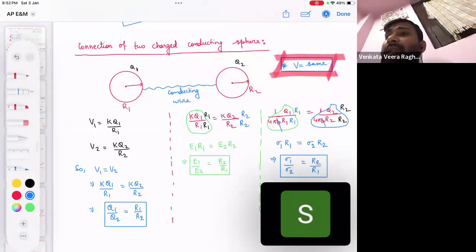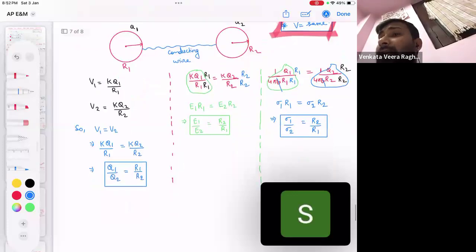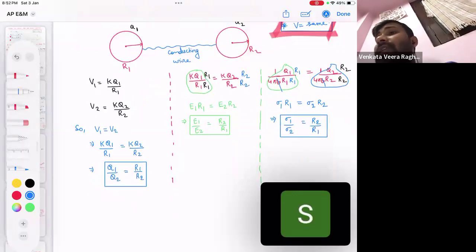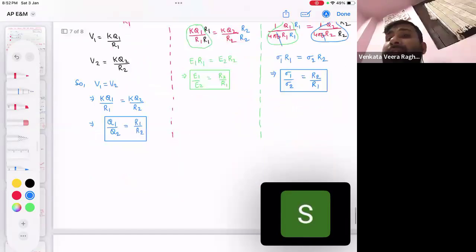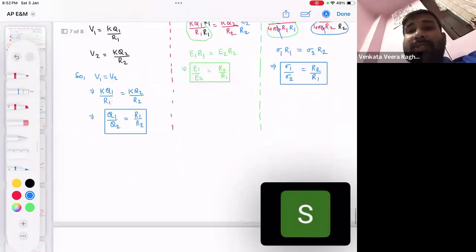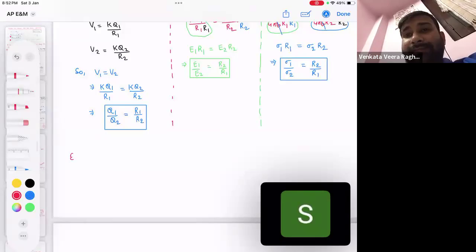Understood? So the charge density is inversely proportional to the radius of curvature. Clear?